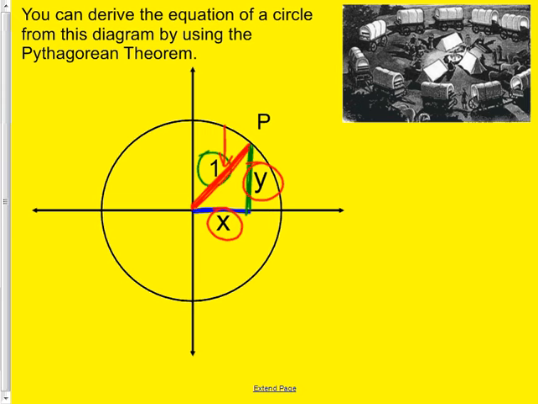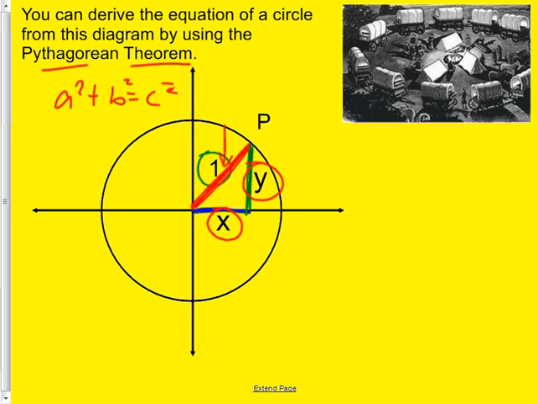The Pythagorean Theorem. Can anybody tell me what the Pythagorean Theorem is? There you go. A squared plus b squared equals c squared. That's something you know about triangles, right? That a squared plus b squared has to equal c squared. Well, then somebody smart tell me the equation of a circle. You can do this.